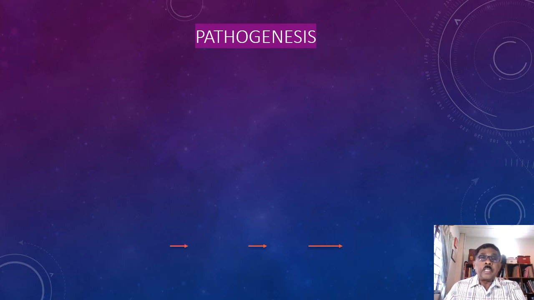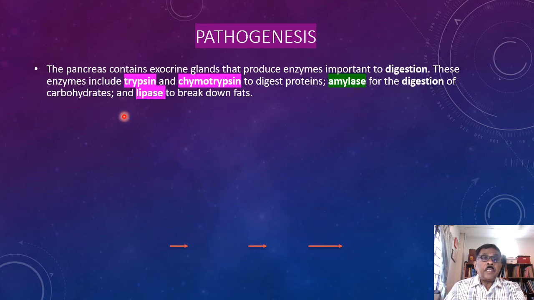As for the pathogenesis of acute pancreatitis, the pancreas contains, as I said, exocrine glands that produce enzymes important for the digestion of carbohydrate, protein, and fats. Amylase for the digestion of carbohydrates, trypsin and chymotrypsin for protein, and lipase to break down fats.